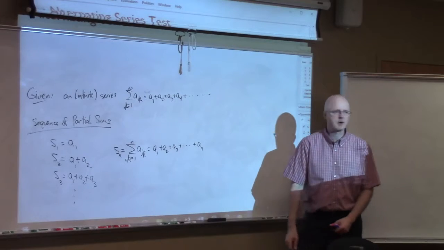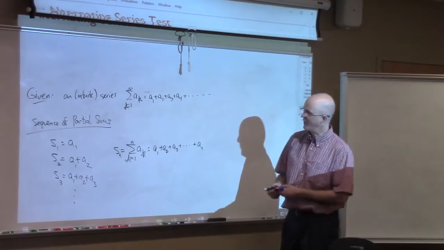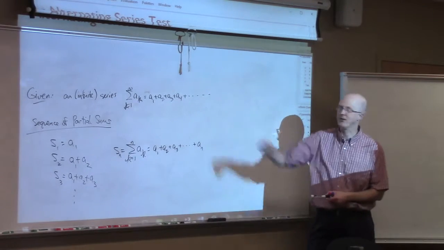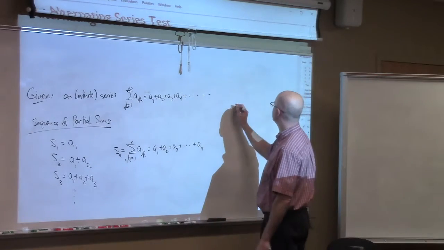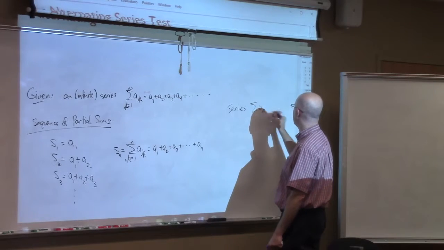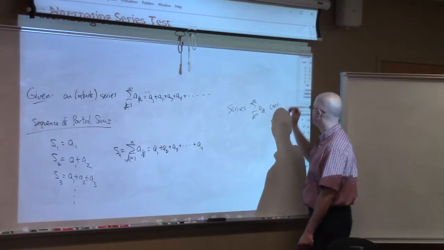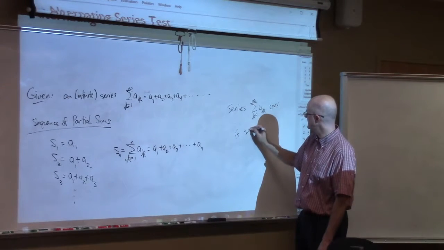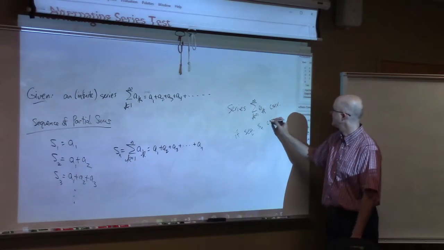This is the sequence of partial sums. The series converges if the sequence of partial sums converges. And it diverges if the sequence of partial sums diverges. The series of the sum of the AKs converges, I'll just write CONV, if the sequence of partial sums Sn converges.